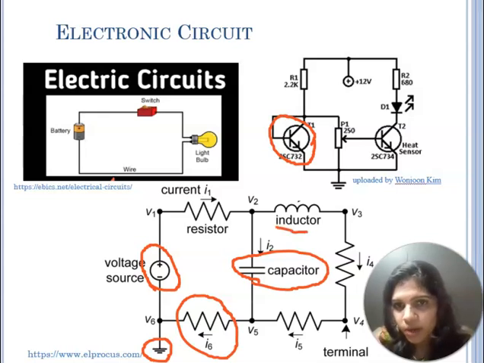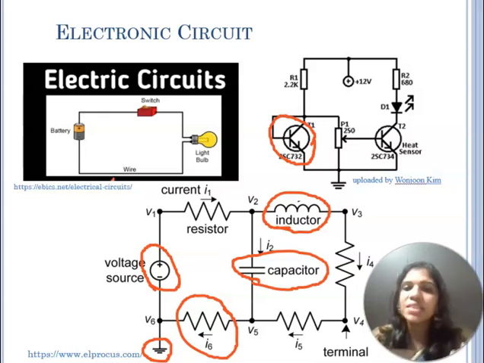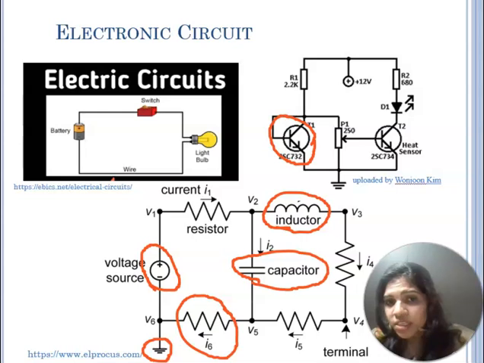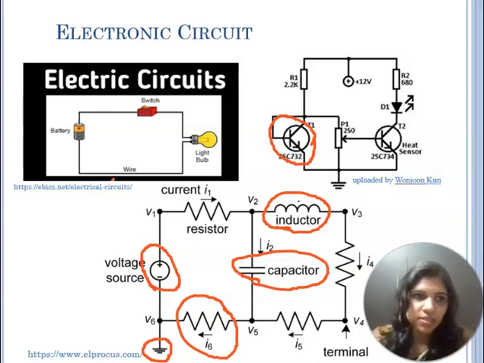This component I forgot to mention is an inductor. What is the purpose of an inductor? What is the purpose of a capacitor? What is the purpose of a resistor? Why is the voltage source placed here? All these things we will learn in the next class, or in the next video.